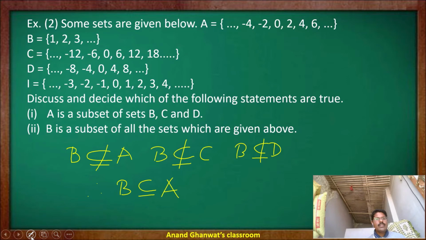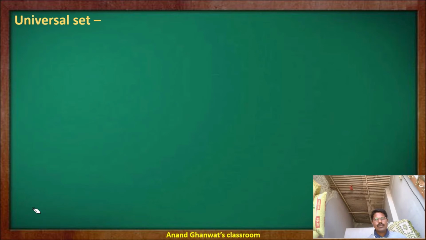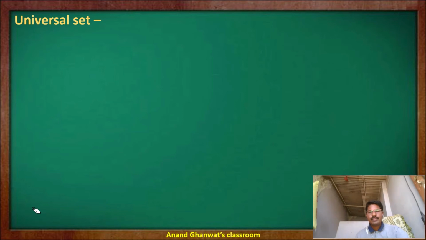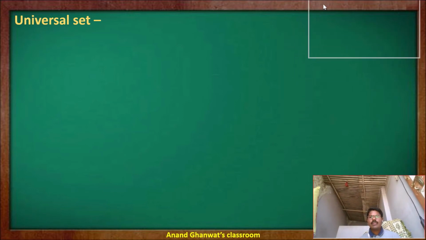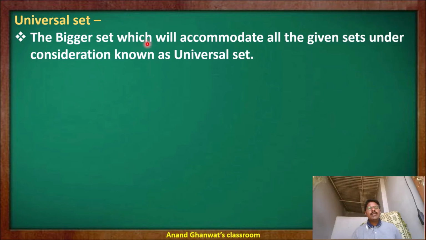So in this way we have checked the given two examples. Now let us understand the concept of universal set. The bigger set which will accommodate all given sets under consideration is known as the universal set, meaning all the given sets can be generated from that bigger set.